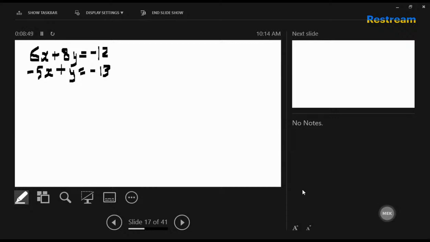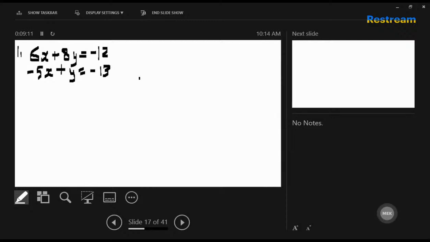So let's go now. We have an equation on the screen, and this is our first set of equations. And remember, the reason why we call them simultaneous equations, the word simultaneous means occurring at the same time.